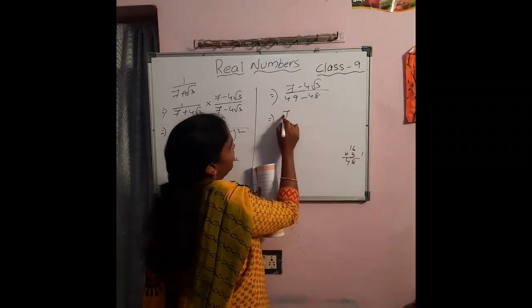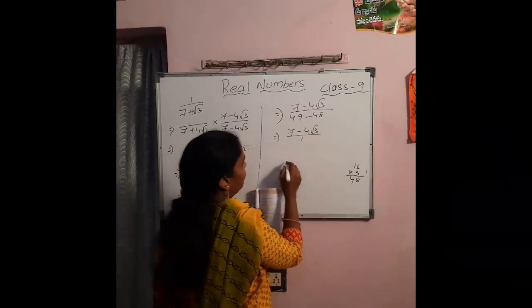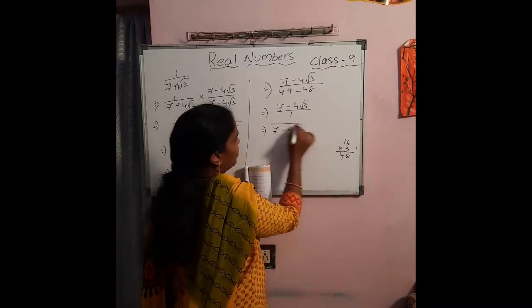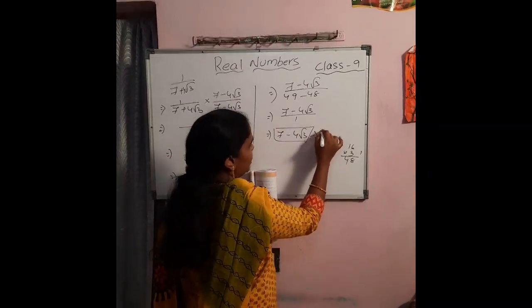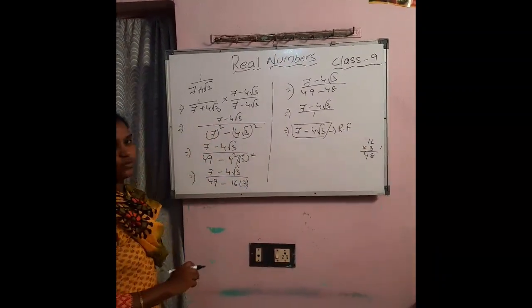So 7 minus 4 root 3 by 49 minus 48, which is 1. So the result is 7 minus 4 root 3. So this is the rationalizing factor for 7 plus 4 root 3.